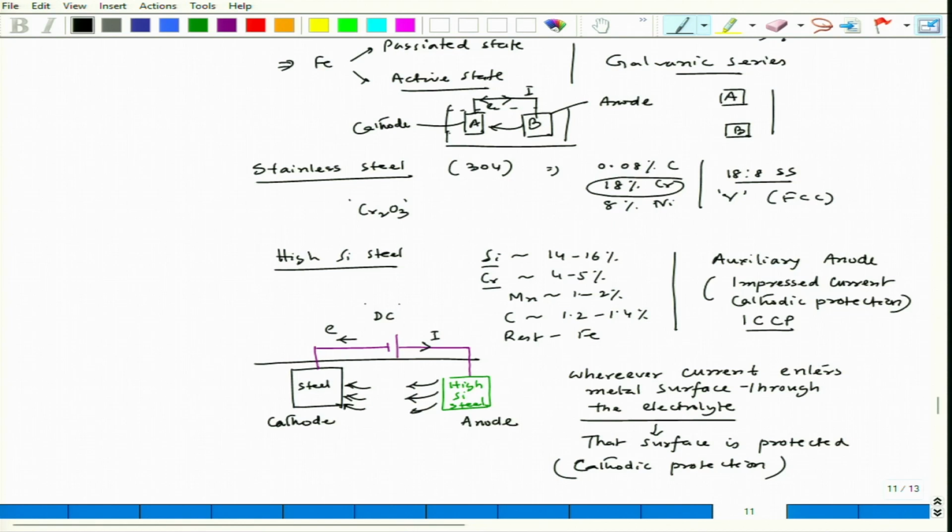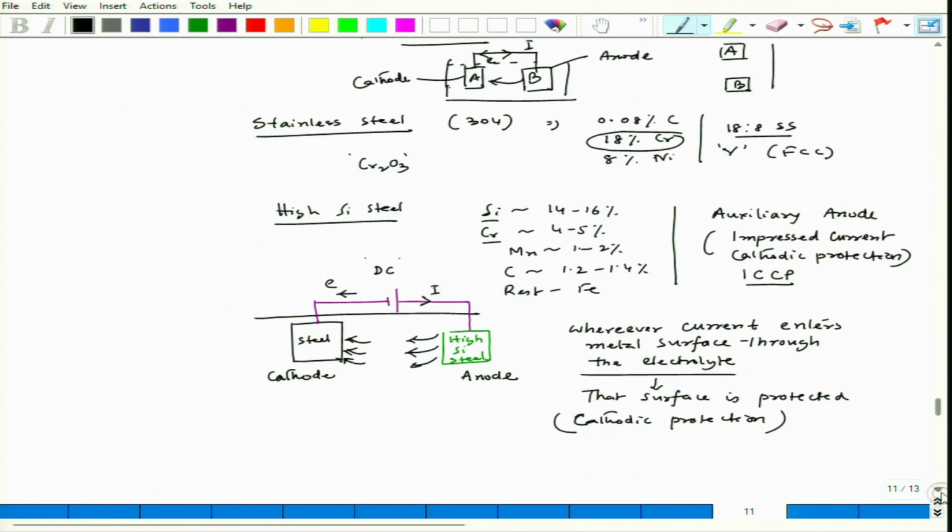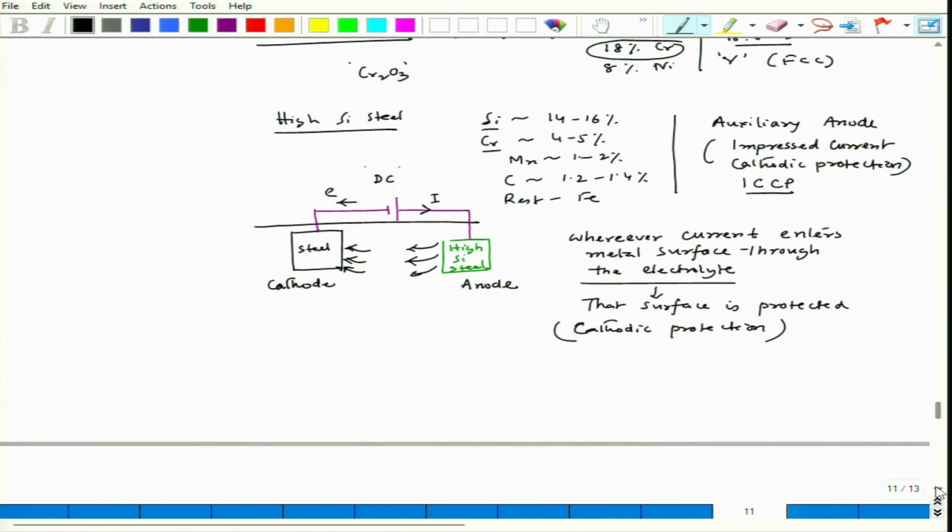Like this, there could be several such examples. Now, when we talk about composition, sometimes we have to decide the composition depending on the requirement, right.